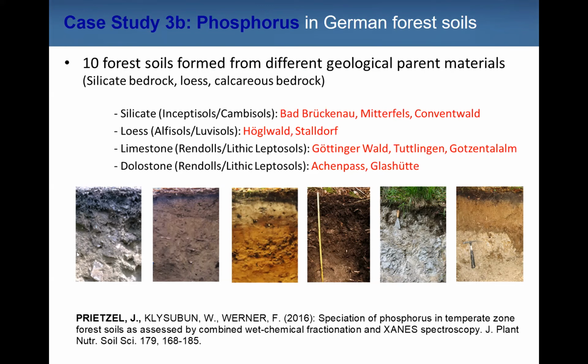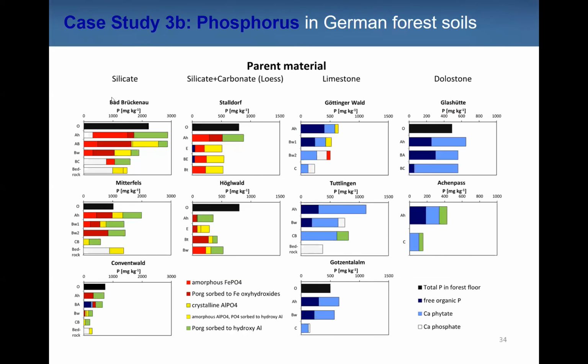Soils are very unique in the beginning, but as they develop they become horizontally differentiated into so-called sheets, and different phosphorus species occur in different horizons, and that's what we studied. It turned out that the silicate and silicate-carbonate soils had very different phosphorus species compared to the soils on calcareous material, limestone or dolostone. You see it by the colors.